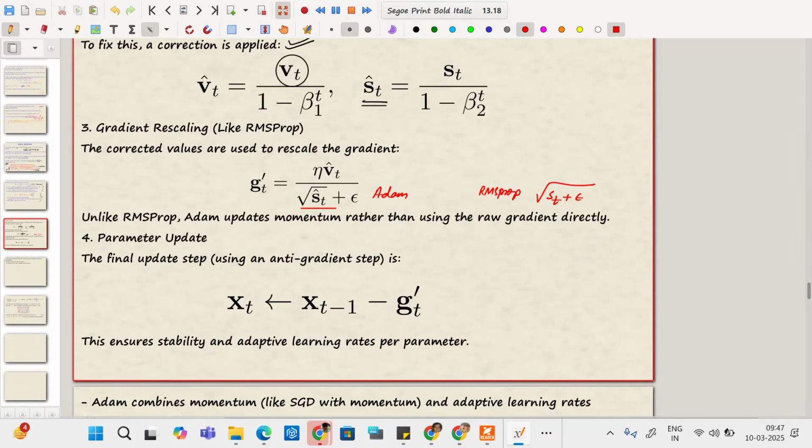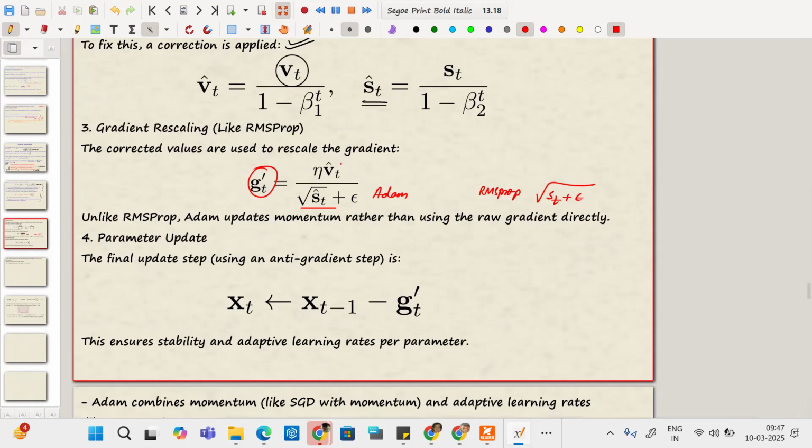You can see, unlike RMSProp, Adam updates the momentum rather than using the raw gradient directly. So instead of using V_t, you are using some combination of V_t and S_t, and that is our gradient for the Adam optimizer.